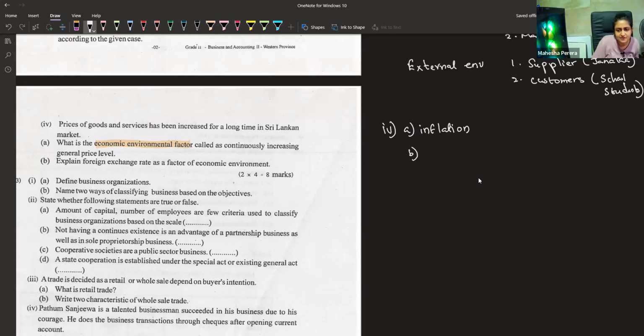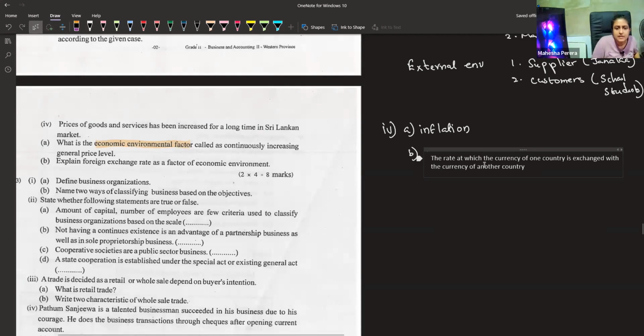B. Explain foreign exchange rate as a factor of economic environment. When it says explain, we have to say a little more. We have to say the rate at which something is exchanged. So I'll show you what to write. The rate at which the currency of one country is exchanged with the currency of another country is called the foreign exchange rate. It should be a full sentence. So you should write these words.